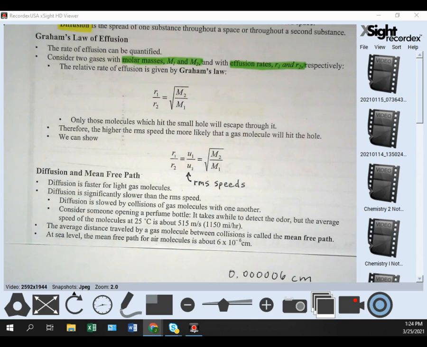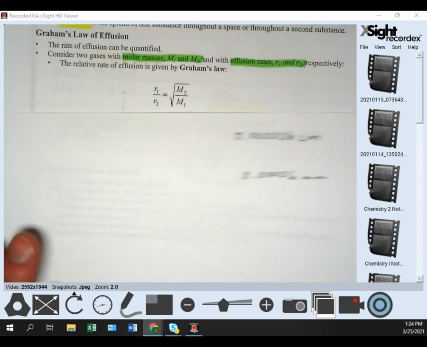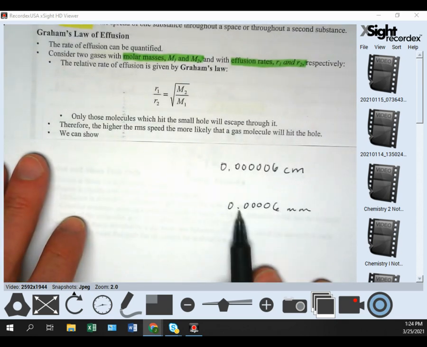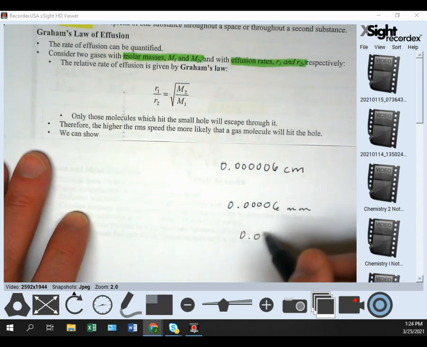What's the one that's negative 6? Anybody remember? Micro. Oh, micro, yeah, thank you. Sorry, centi would be negative 2, milli would be negative 3, so negative 6 would be micro. So that'd be like 0.06 micrometers.